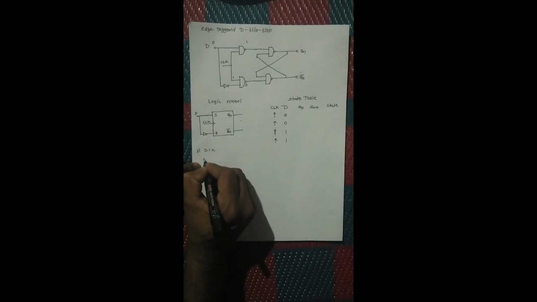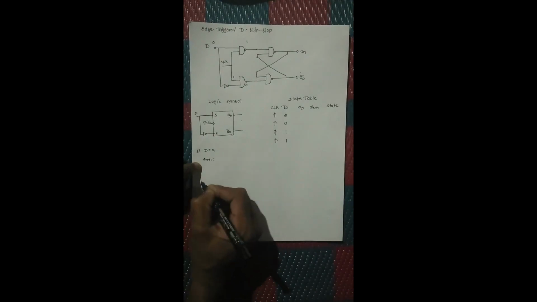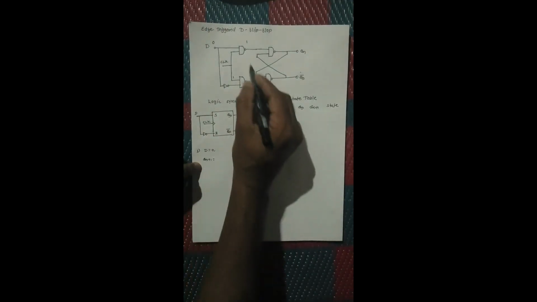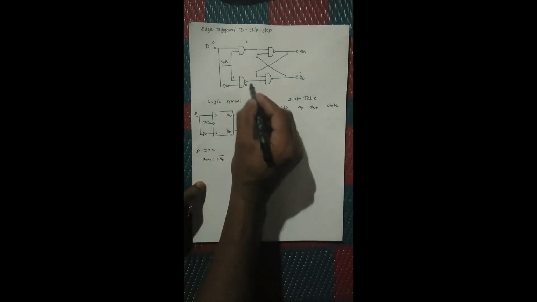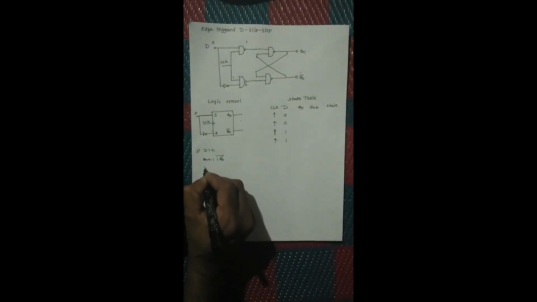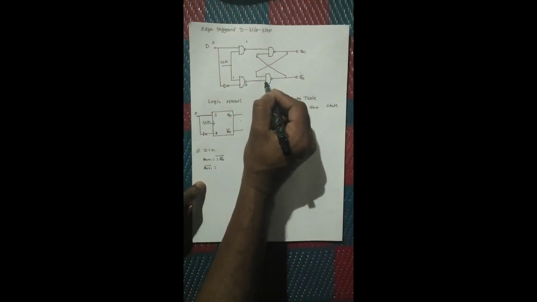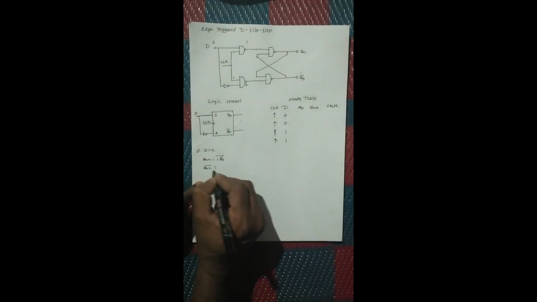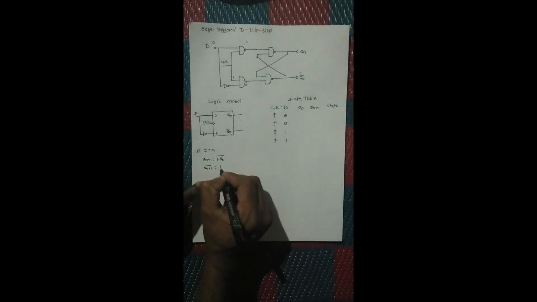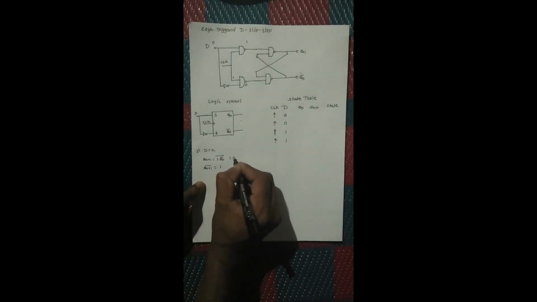Q of n plus 1 can be implemented like this: 1 into Q of n bar and its whole bar. We don't know the value of Q of n bar, so from this point we can find out the value of Q of n plus 1 bar. This is a 0, and if any input to this NAND gate is 0, then Q of n plus 1, the next state output, will be 1. So this is a 1, and definitely this will be 0.